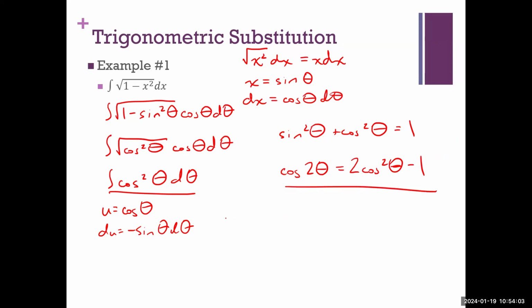How does that allow us to rewrite this integral? Yep, so 1/2 integral of cosine 2 theta plus 1 d theta.